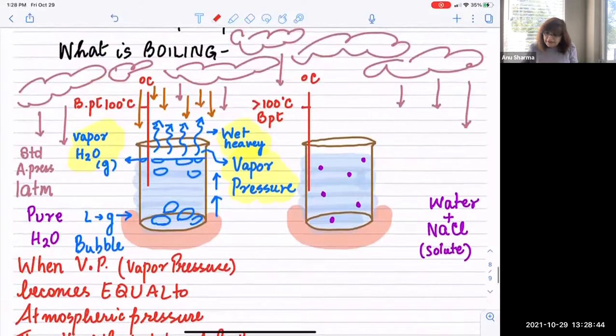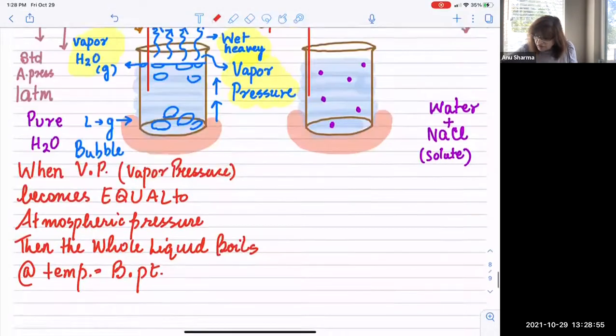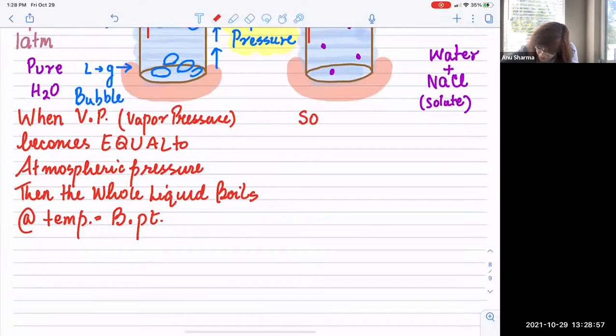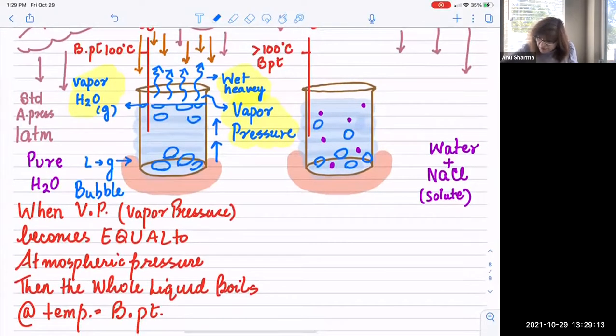Okay, now that is the situation with pure water. But the problem in the second case is that the liquid, water, has solute particles that come in the way. Even though the bubbles form, and the bubbles are going to rise, something is going to come in between, and that is these solute particles.